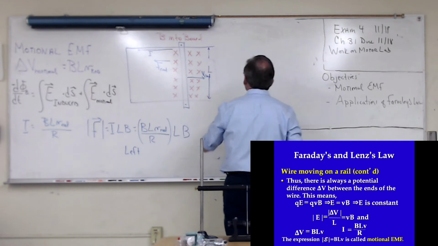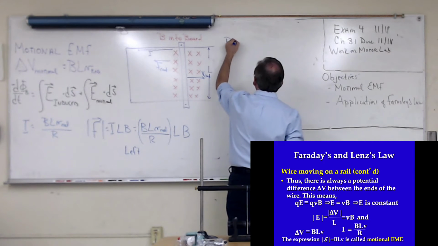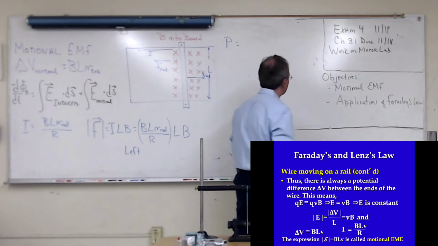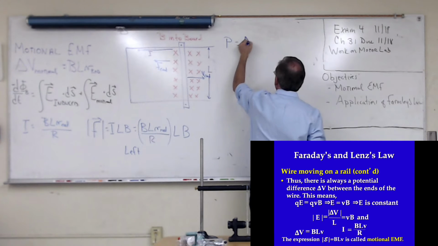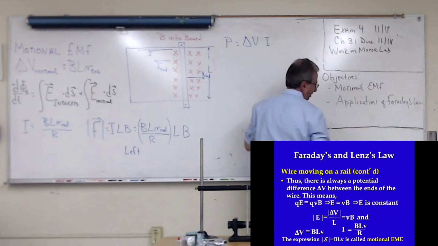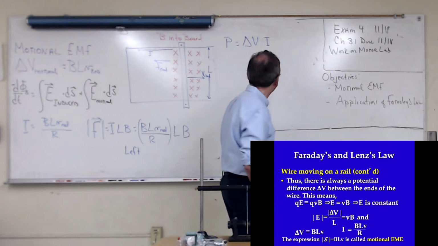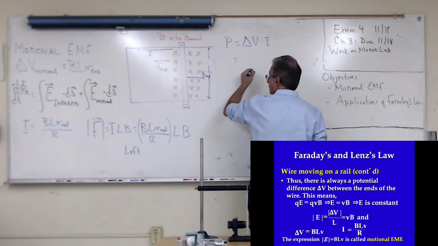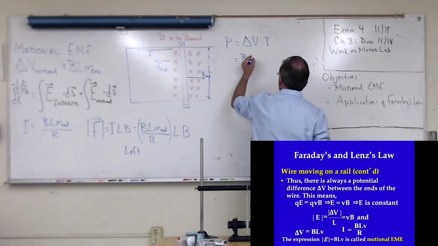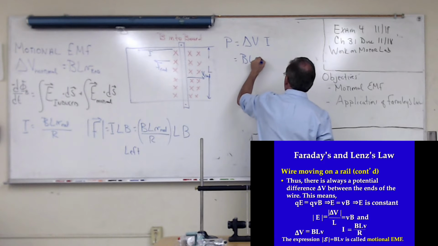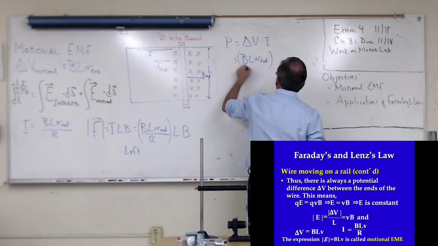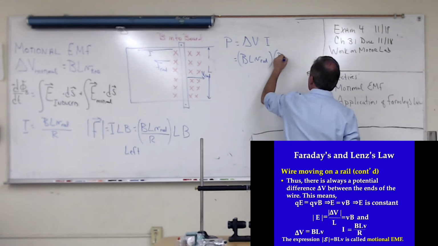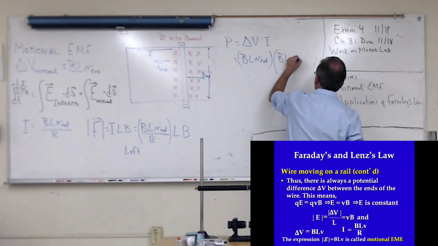We can calculate the power dissipated by my circuit, which is going to be delta V times I. Or you can write it as I squared R, however you want to write it. And so this is going to be B times L times V of the rod times B times L V of the rod over the resistance.